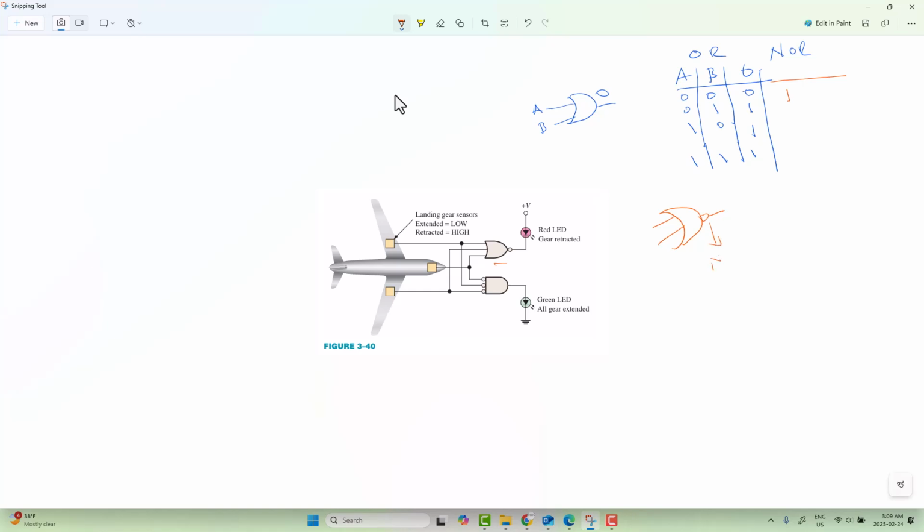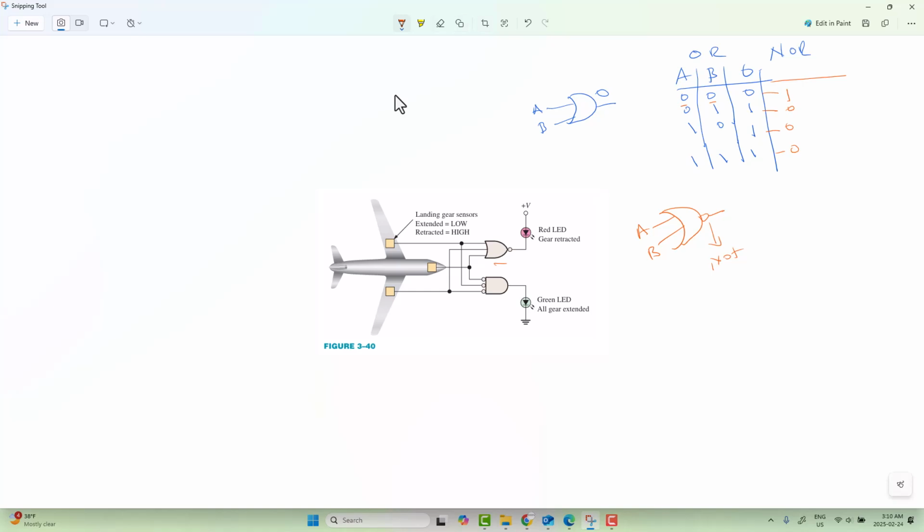Here are A and B, so you can see the opposite of the OR: here 0, and this one going to be 1, then 0, 0, and this 0. So you can see the output is only on when both inputs are 0.